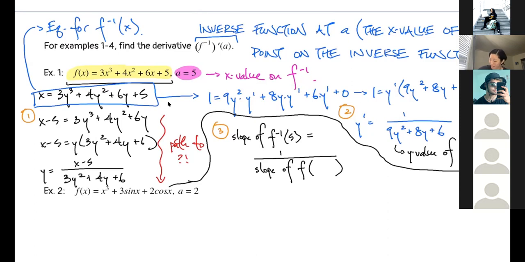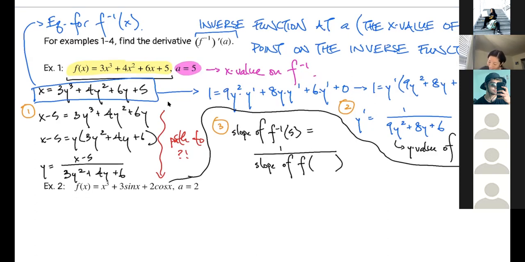It's the y value, right? I totally blew that. Okay, so what if we wrote this? 5 equals 3x cubed plus 4x squared plus 6x plus 5. Oh my gosh, we had the y value.